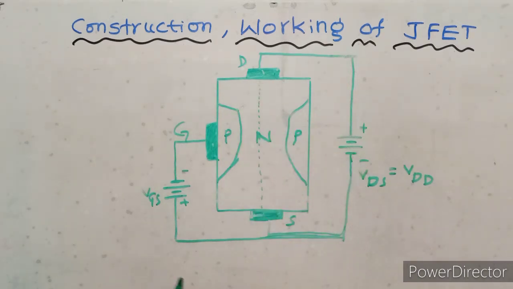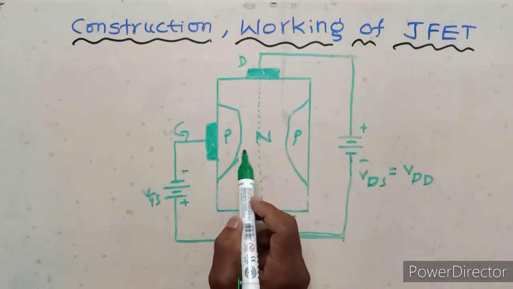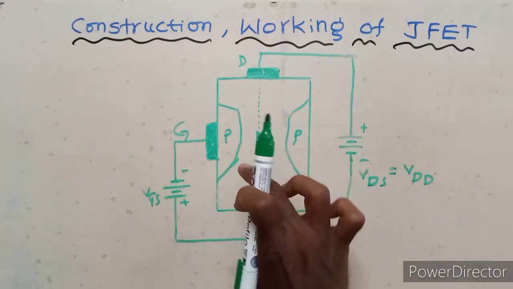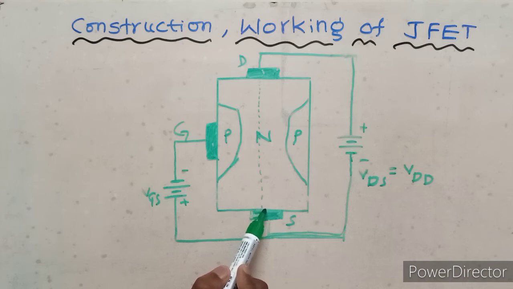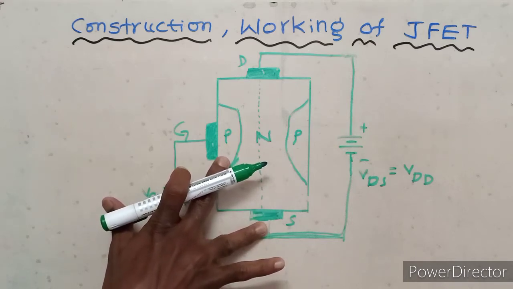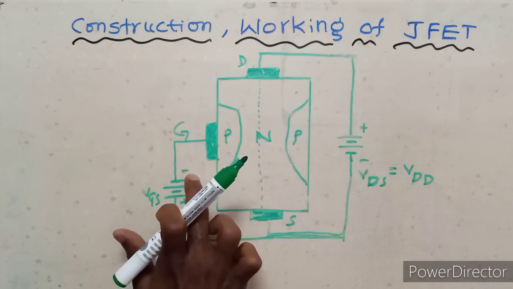If the p-n junction between gate and source is under reverse bias conditions, the p-type semiconductor is connected to the negative terminal of the battery.